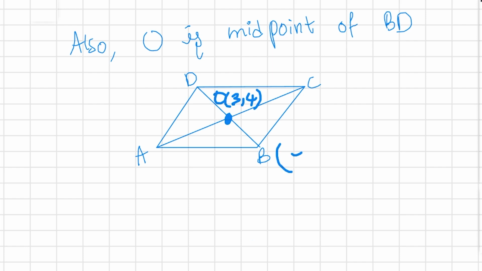Coordinates of B was negative 1 comma 2. So I think we just add the things. Which two things can you tell me? Point O and point B. Yeah. If you add those two, what do you get?